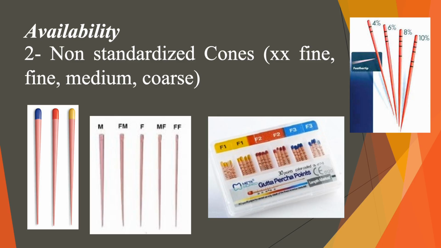There is M, like medium, medium fine, fine, fine. This also is non-standardized obturating gutta-percha, and there is another standardization by different taper, like 4%, 6%, 8%, 10% gutta-percha for the rotary files.